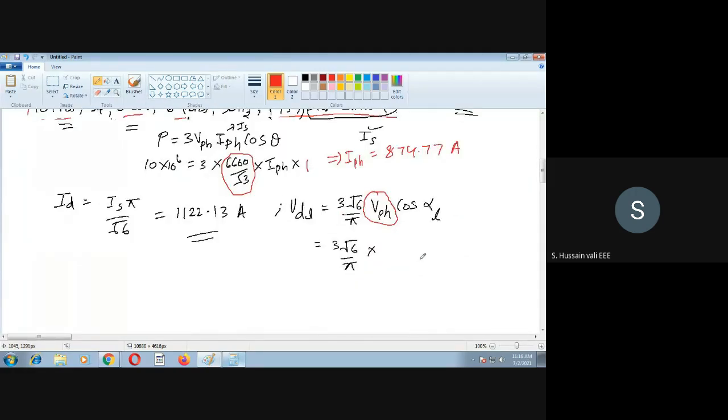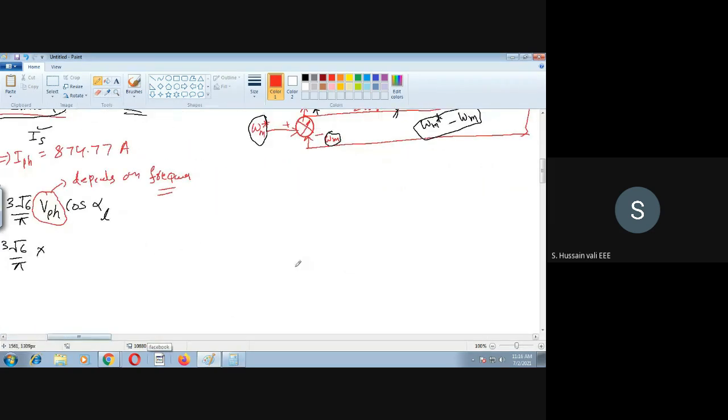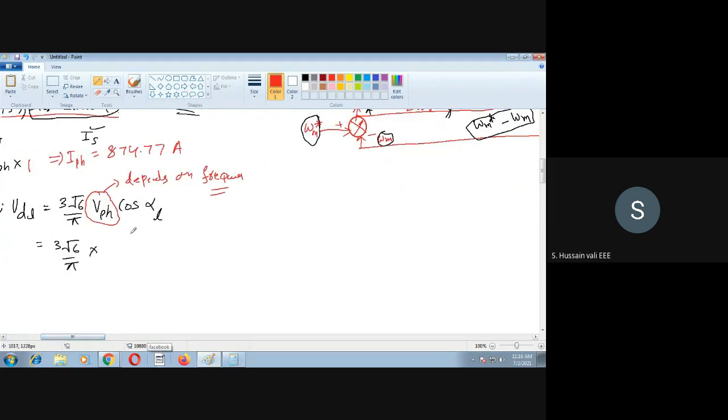You know very well this phase voltage depends on frequency. So when it depends upon the frequency, we need to know the frequency of the synchronous motor, because this is the load side. This is the load side phase voltage you have to find out, not the source side. Source side is directly 6600 by root 3, but this is the load side.